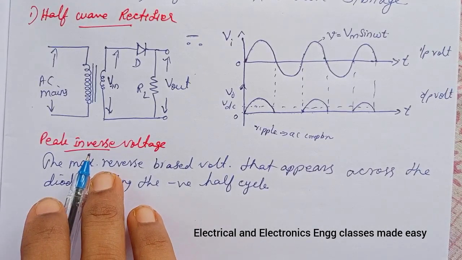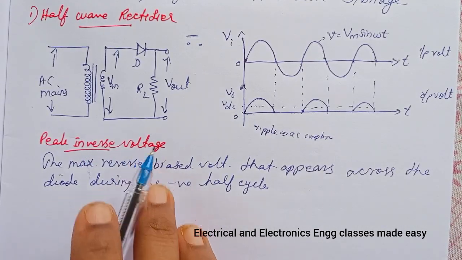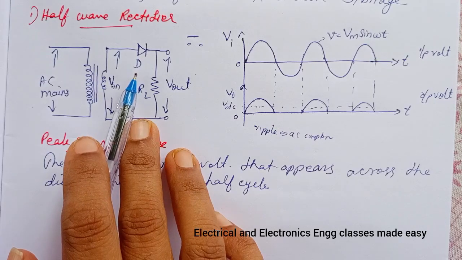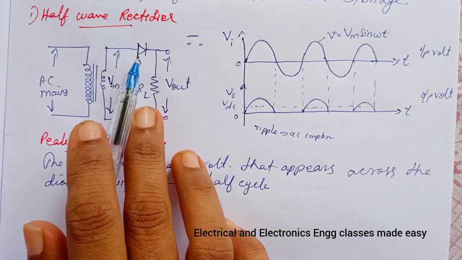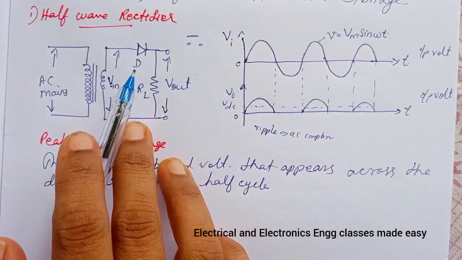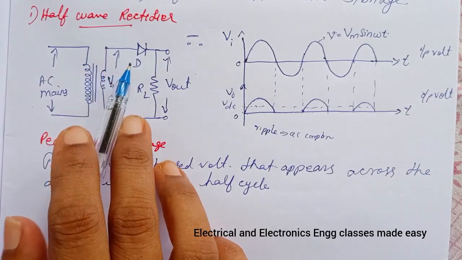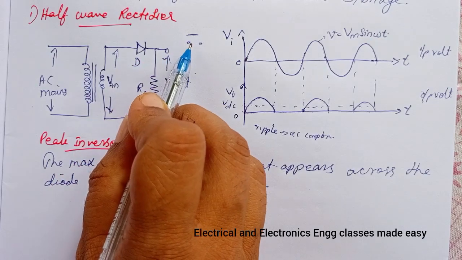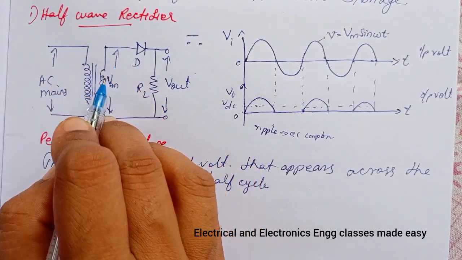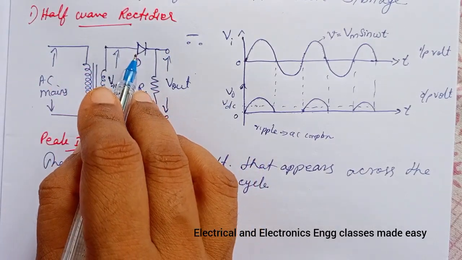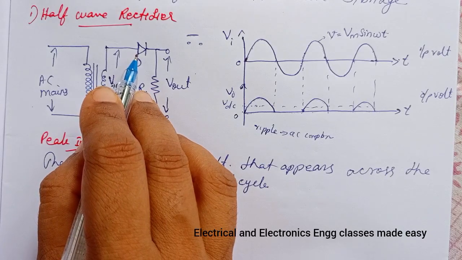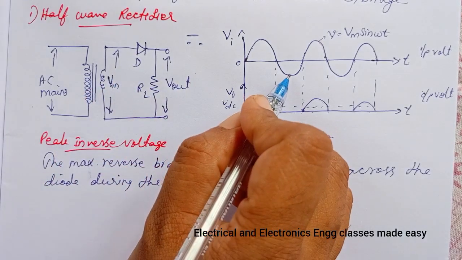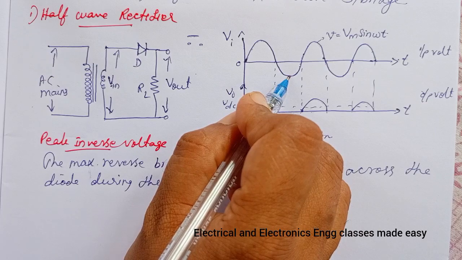Next is peak inverse voltage. During the negative half cycle of the input, the diode is reverse biased. All the input voltage now appears across the diode because it is open. So the voltage across the diode is maximum when the input voltage is maximum.